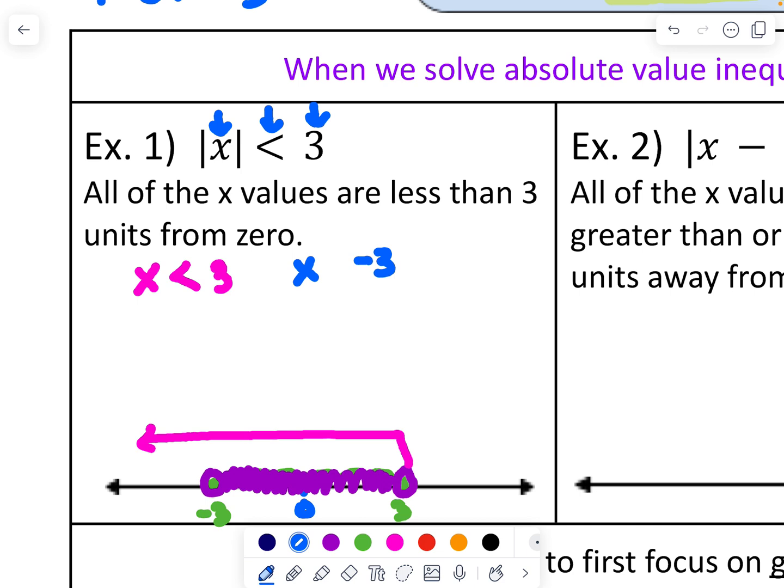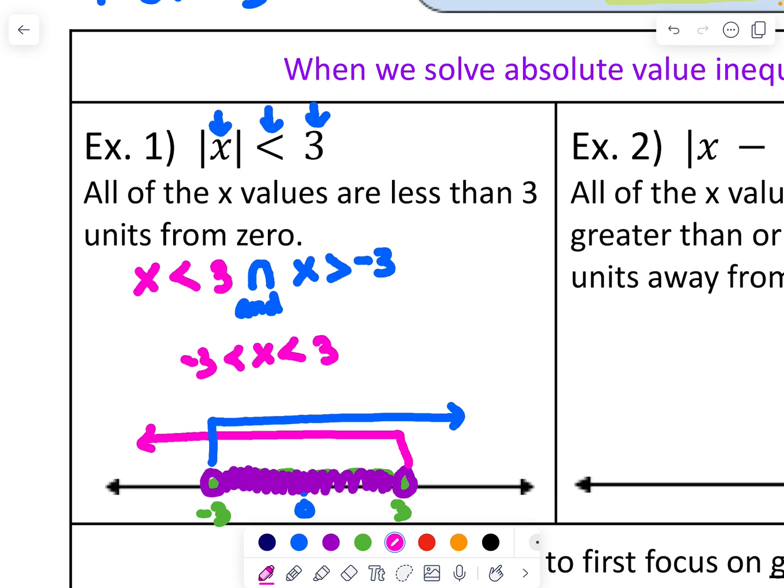When we use the opposite number, we change the inequality sign, so we're going to have greater than -3. This is how we create an "and", or intersection, situation. We can write an "and" as it can be less than 3 and greater than -3. And is the only one you can write in a sandwich like that.